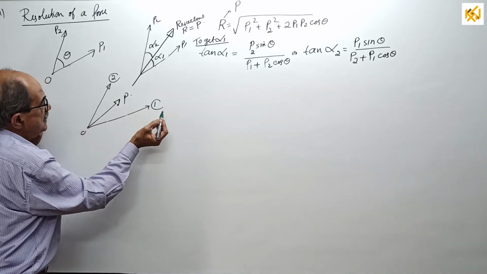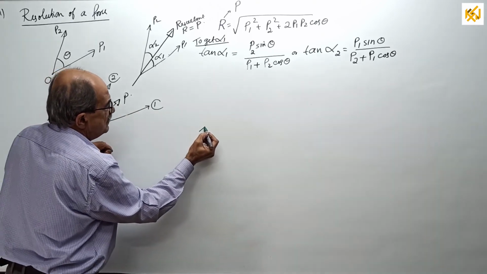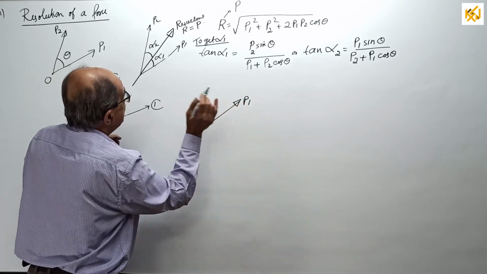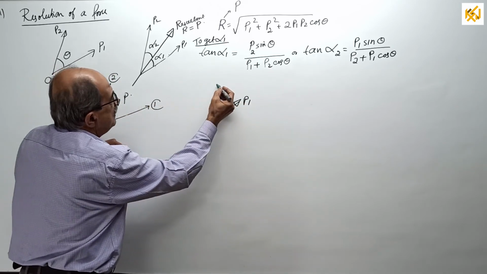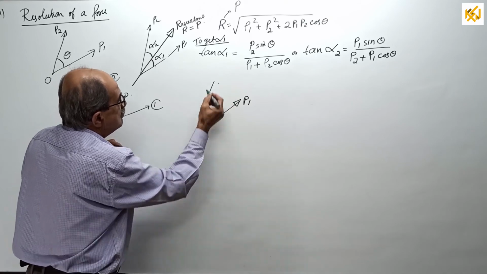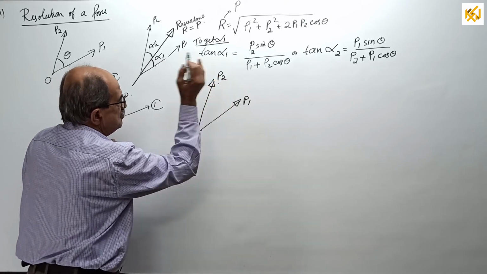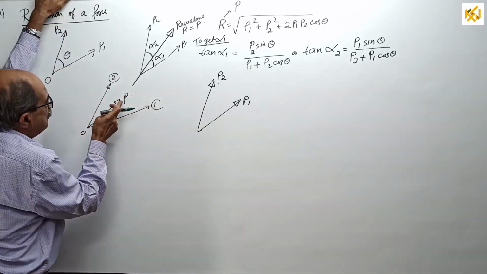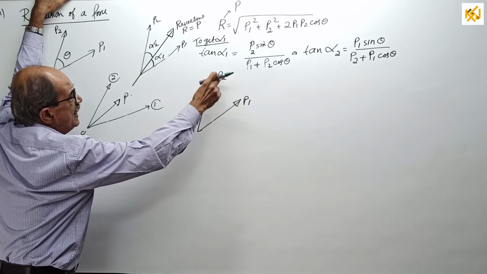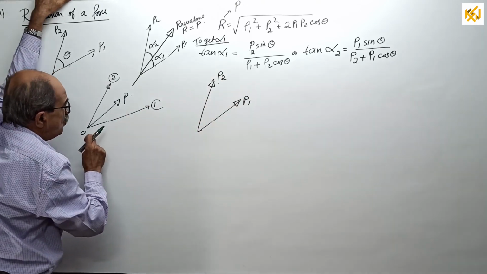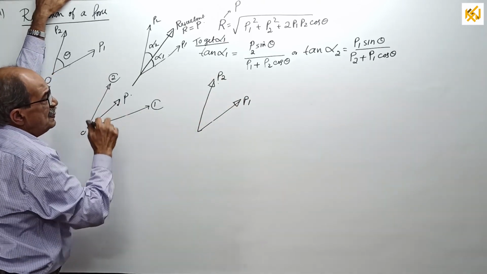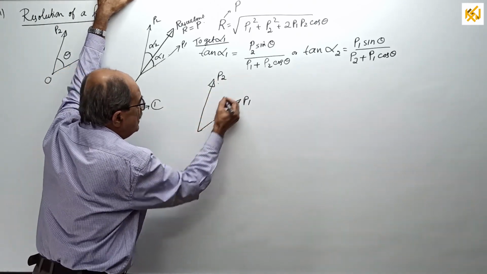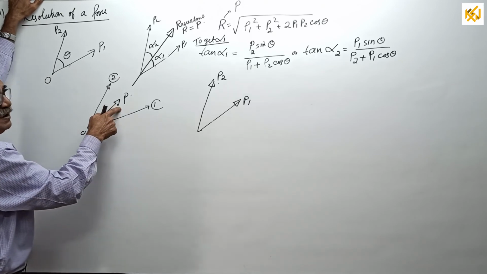Imagine the components are like this: along 1 it is P1, along 2 it is P2. Then the condition is that if P1 and P2 are the components along O1 and O2, then for forces P1 and P2 combined together, the resultant should be once again the force P.